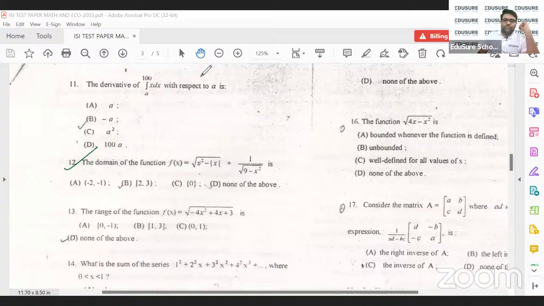I'm activating the poll so that all of you will be able to vote for your answer A, B, C, or D. Make an attempt at the question. I'm just activating the poll in a couple of minutes.